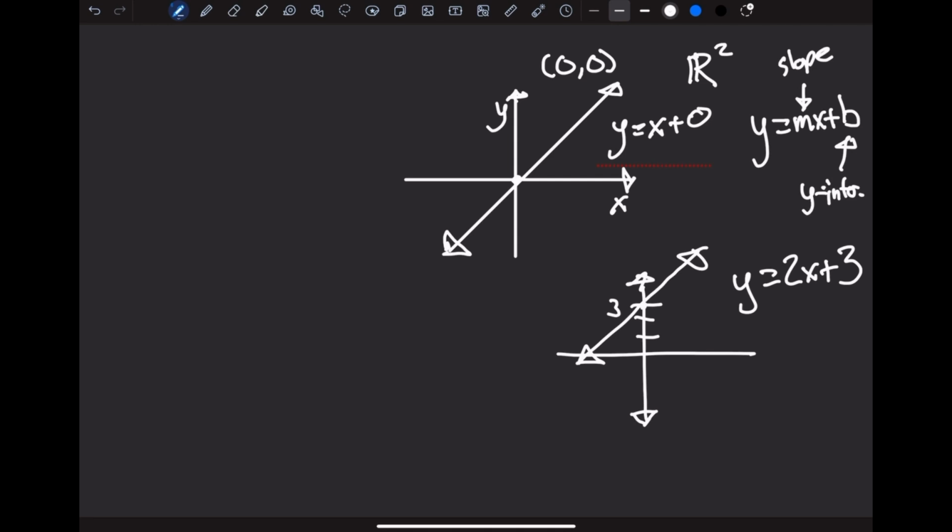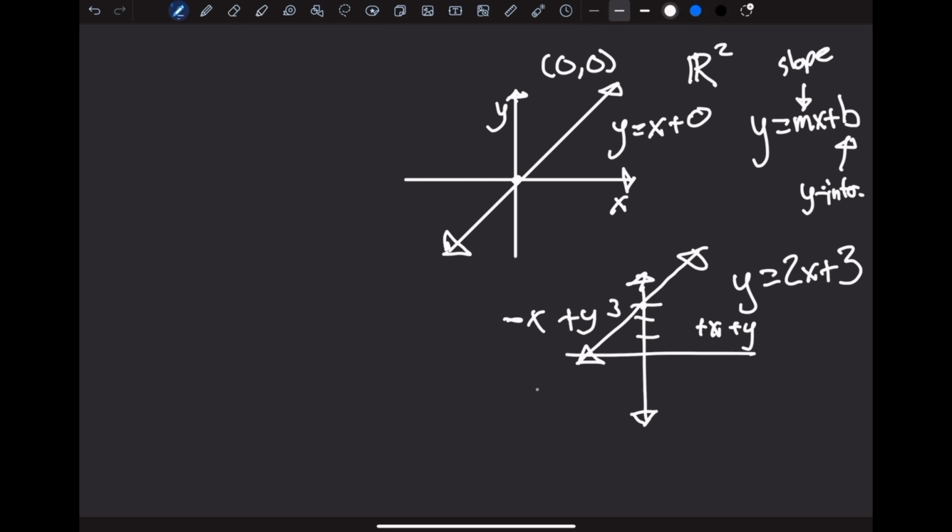Then you would see it's a plus 3 because it's on the positive y-axis, with this being the negative. To think about it, your x and y are both positive, going up or to the right for y and x respectively. Then you have positive y here because your y is still going up, but you have negative x.